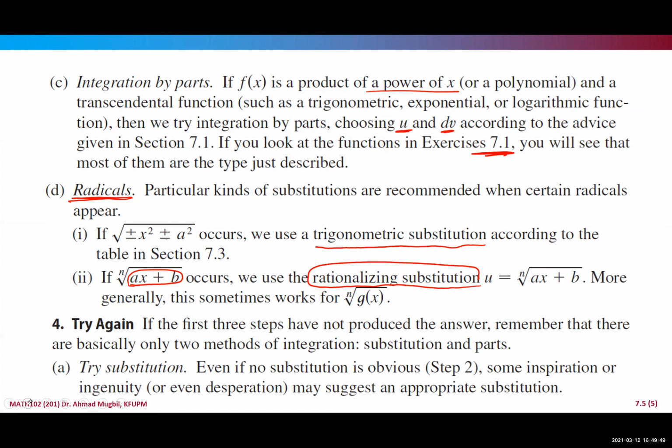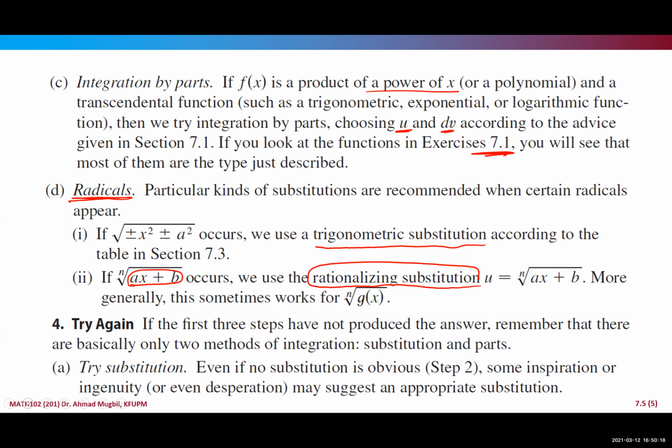Always remember that we have many techniques for integration, but basically we have two methods: by parts, which is 7.1, or substitution. It could be u substitution, trigonometric substitution, the rationalizing substitution, and so on. So try substitution and think about different substitutions.